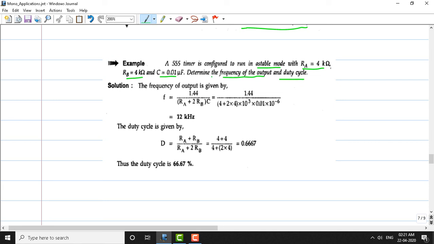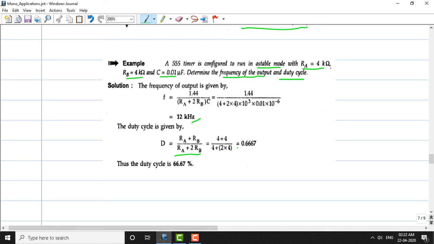We can use straight away the expressions that we have derived, and substituting the values of Ra, Rb, and capacitor value, the frequency of oscillation can be estimated. It is going to be 12 kilohertz. In turn, we can calculate the duty cycle using the duty cycle expression: D equals Ra plus Rb divided by Ra plus 2Rb.